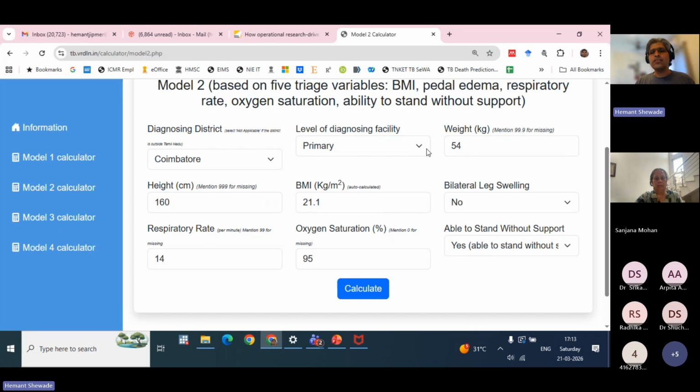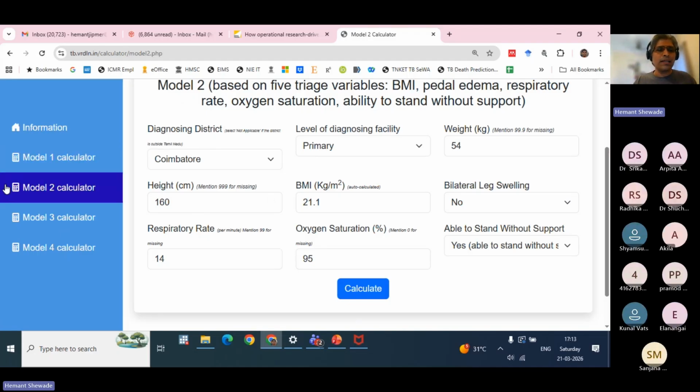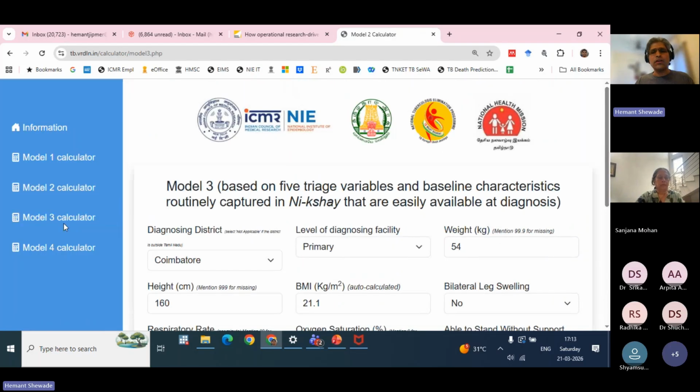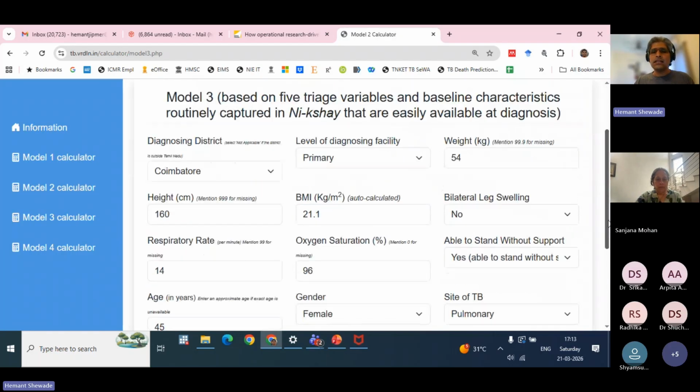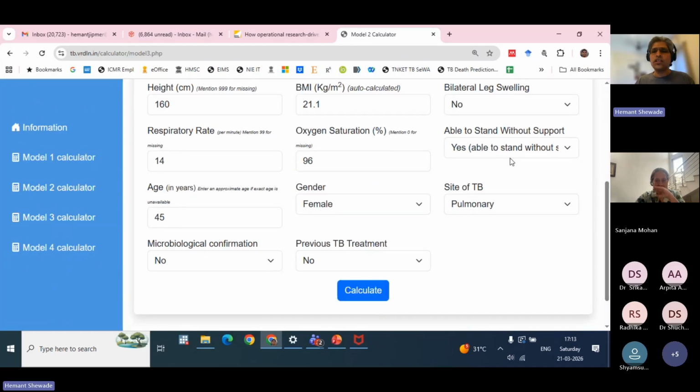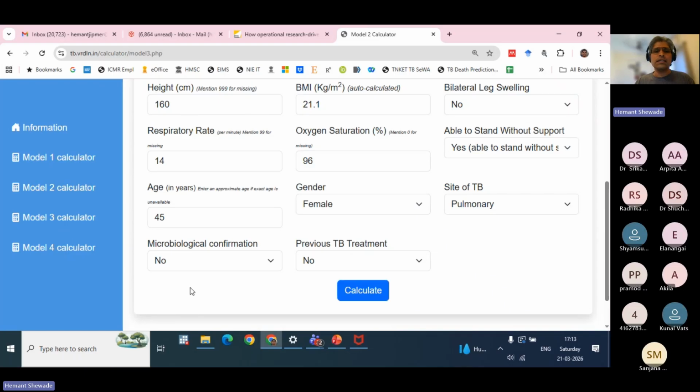This death prediction, our model 2, was part of TB Seva, so we took it out of TB Seva and provided it as model 2. In addition, we also provided model 3, which is triage variables along with 5 easily obtainable variables that are captured as part of baseline characteristics within NIKSHAY.